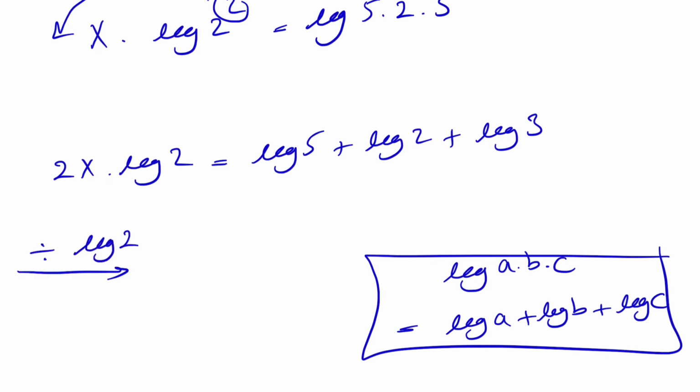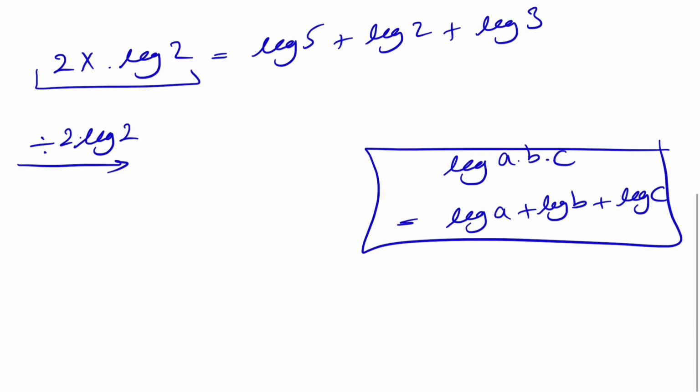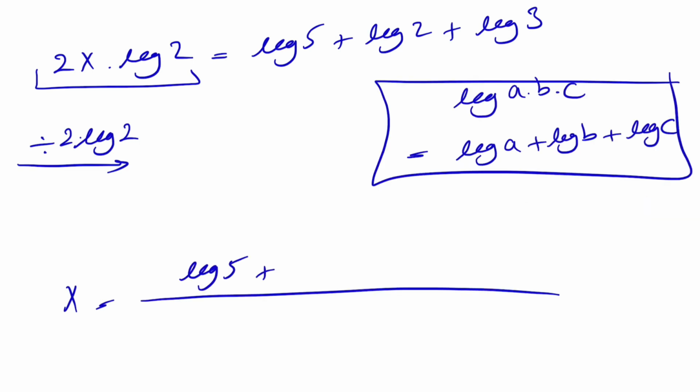And here, in order to have the x alone on the left side of the equation, we can divide this by 2 times log of 2. If we do that, on the left side of the equation we'll end up with only x, and on the right side we have log of 5 plus log of 2 plus log of 3 over 2 log of 2.